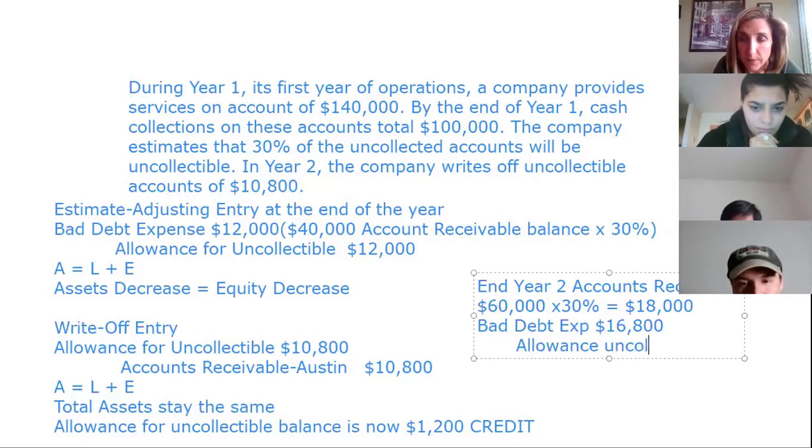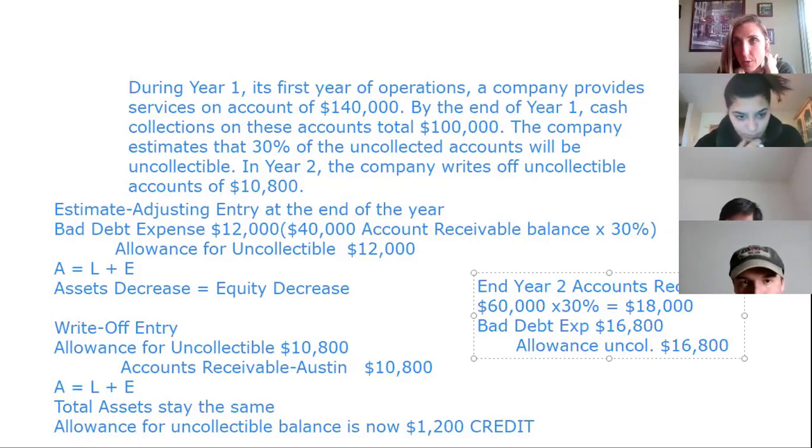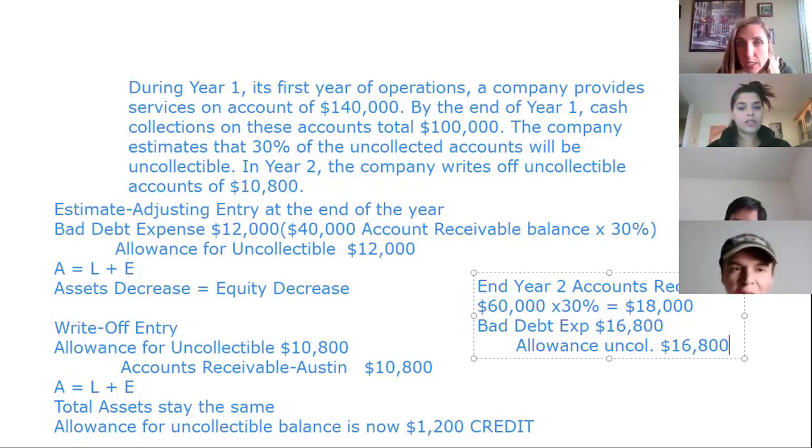I know it's confusing. Here's a way you can help yourself on the homework. If there is already a credit balance in the allowance account, you need to subtract that before you put in your adjusting entry amount.